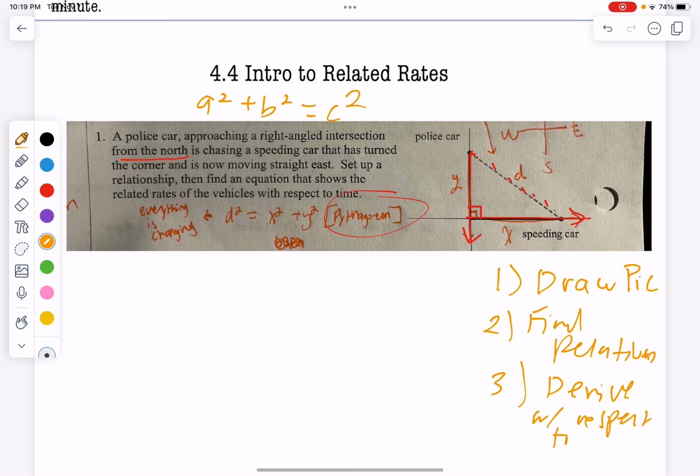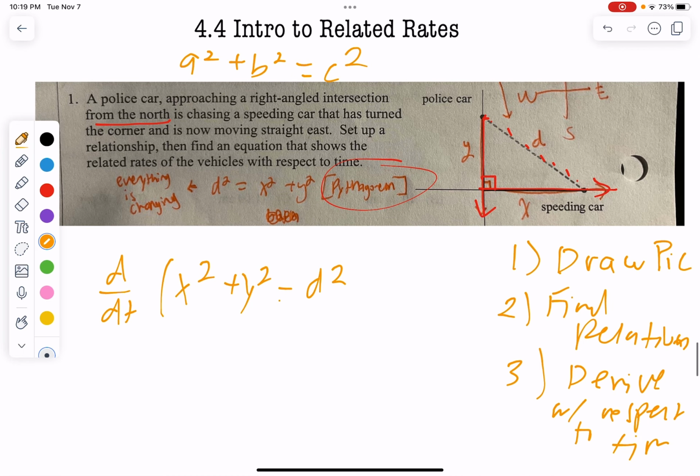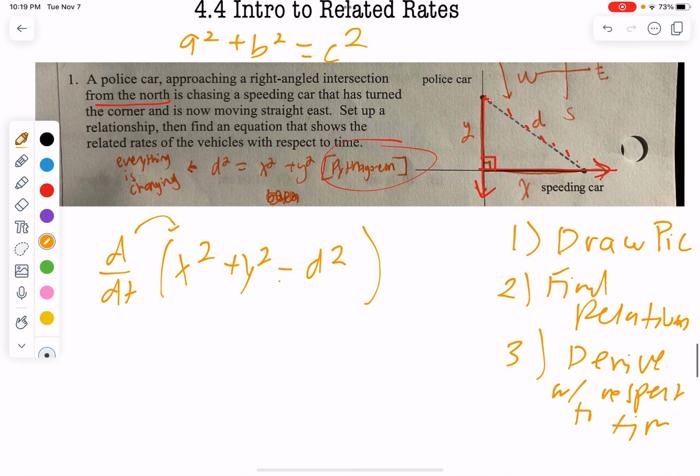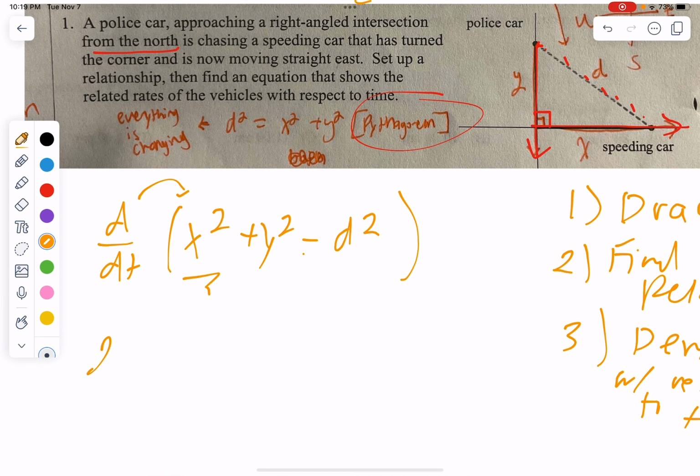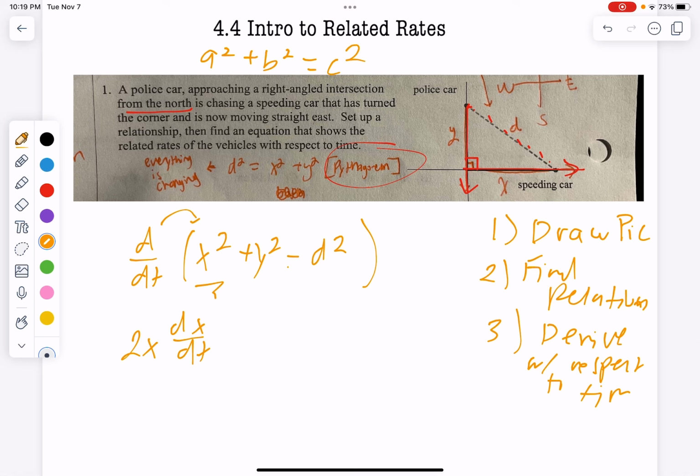So we're taking d/dt of x squared plus y squared equals d squared, which, taking the derivative of all of these along with chain rule, you're going to get 2x dx/dt. Oh, I forgot to specify this. You're going to be using implicit differentiation when you're deriving all of this.